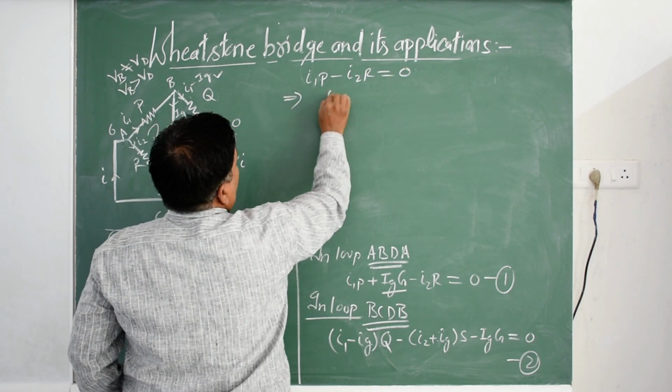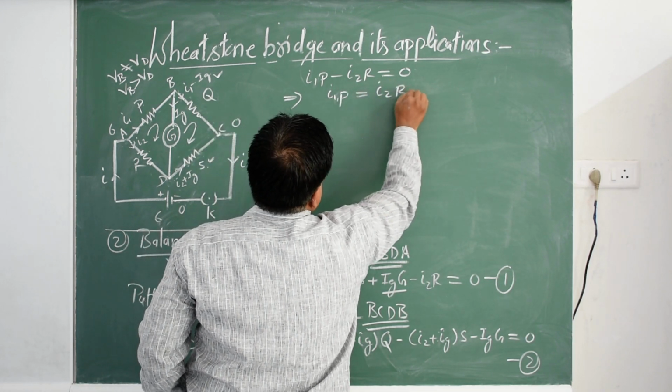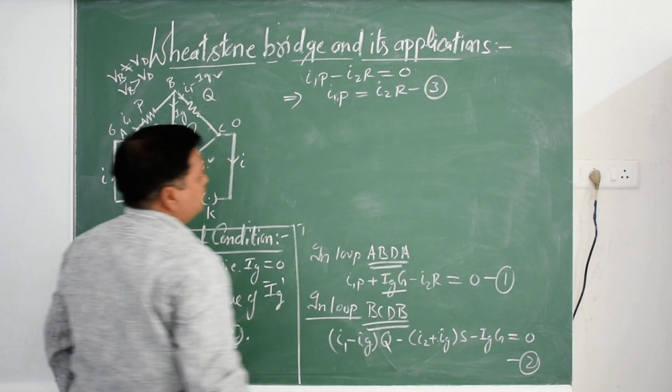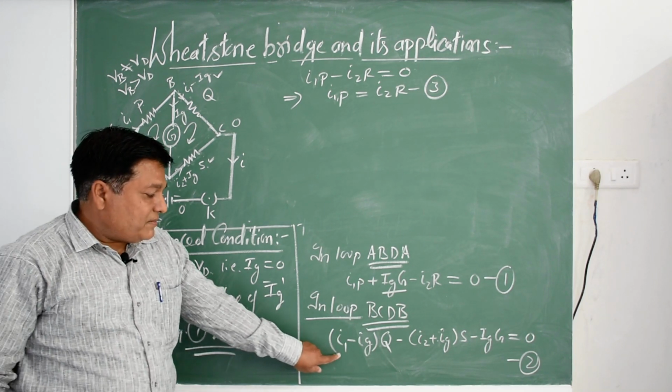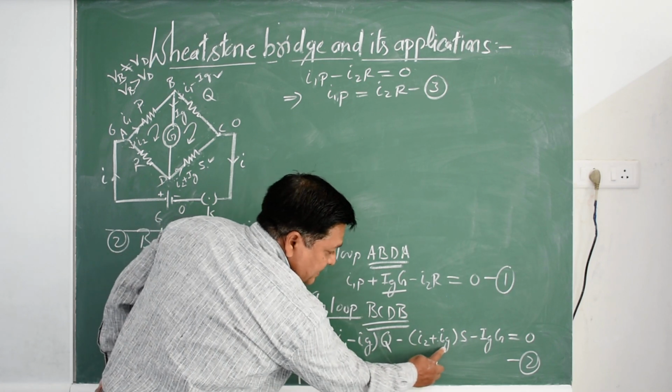It means that I1 P is equal to I2 R. Let us call this equation number 3. See equation number 2: if we place Ig equal to 0 here and here, Ig S becomes 0 and Ig Q becomes 0. What is left? I1 Q minus I2 S is equal to 0.